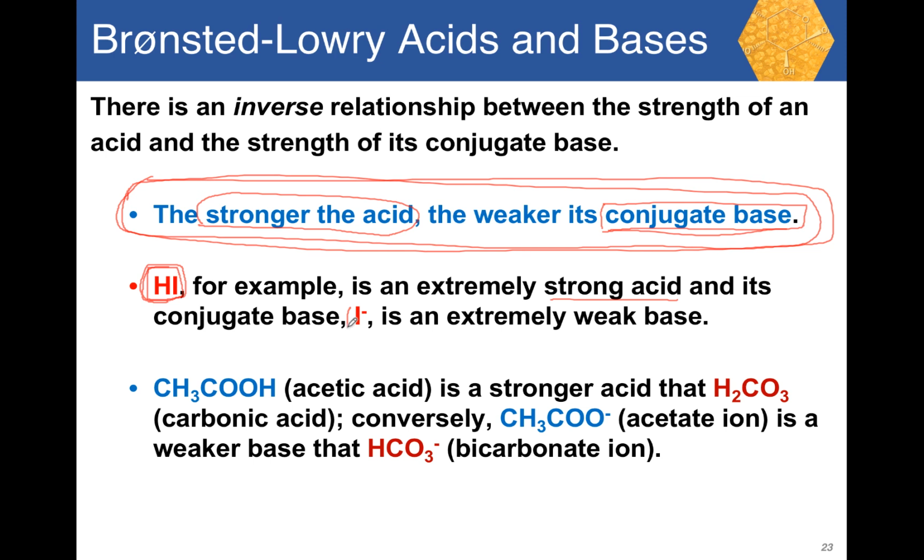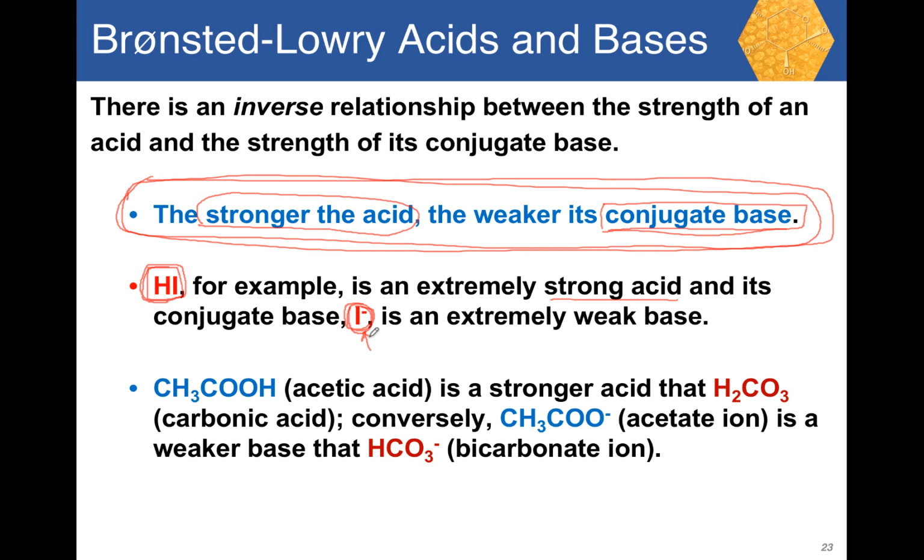Its conjugate base is, of course, I minus, which would be HI without the hydrogen. Because it's an acid, it will donate the H. So this is the conjugate base. It is a very weak base.